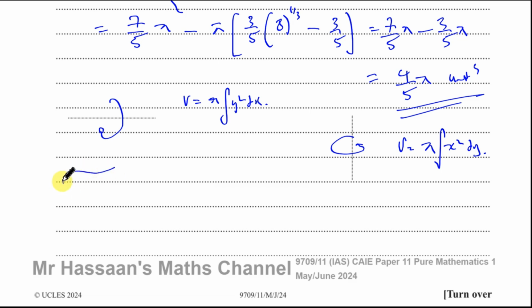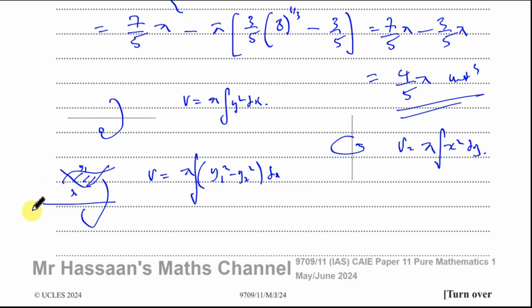But if it's between 2 different functions, and you're rotating that around the x-axis, then the volume is pi times the integral of y1 squared minus y2 squared dx. And the one on top is y1, the one underneath is y2 in that area. And if you're doing the same thing around the y-axis, then it's going to be pi times x1 squared minus x2 squared dy. Okay, so that will help you to work out what to do, hopefully.